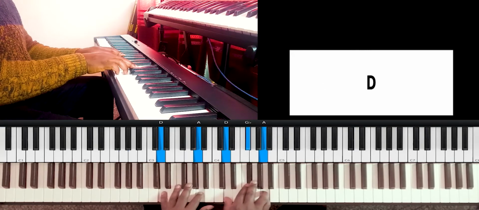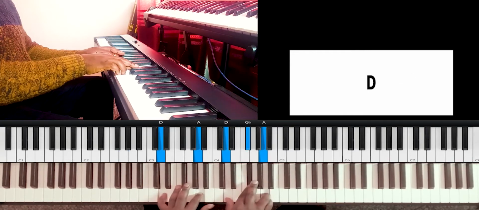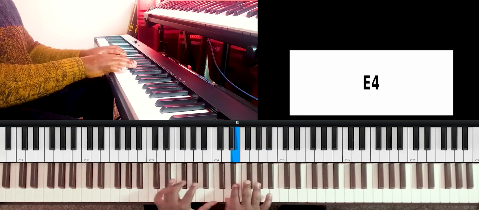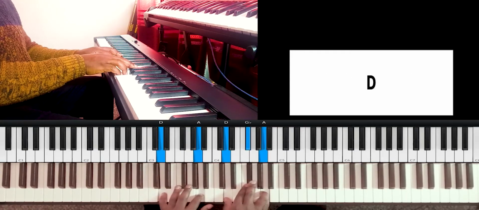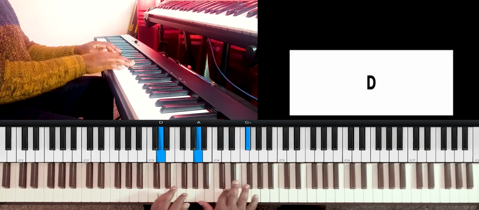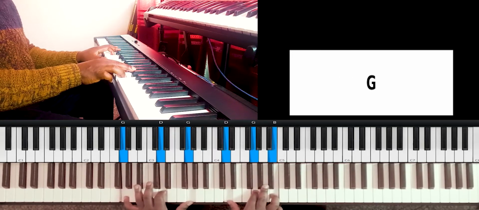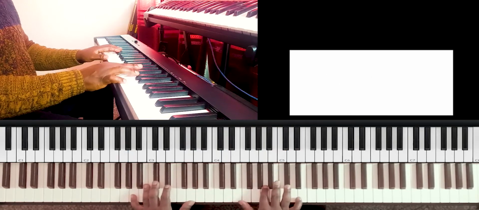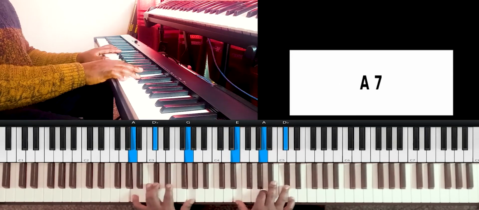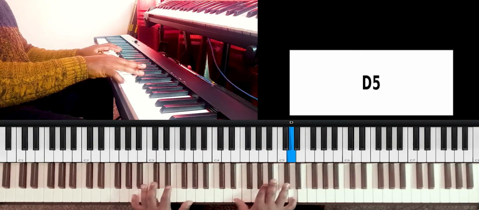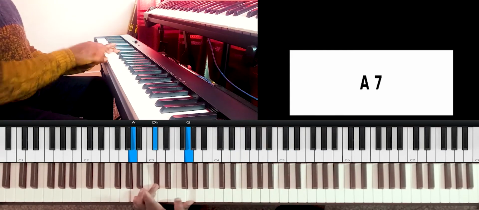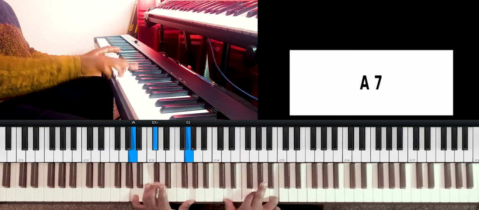Okay, so then I played A dominant. Sorry, it's a dominant 7th chord. It's A, and then I moved.